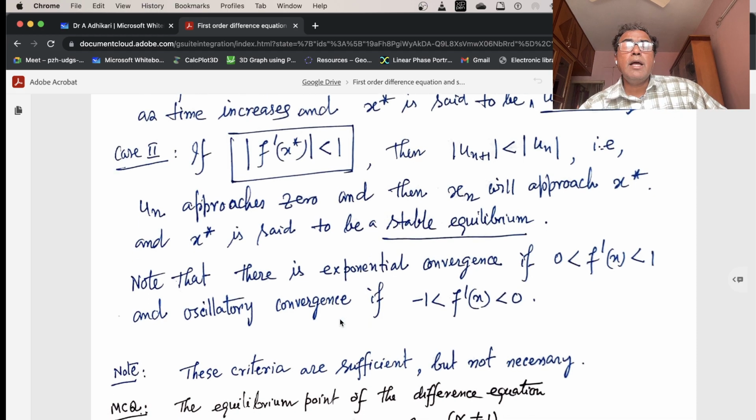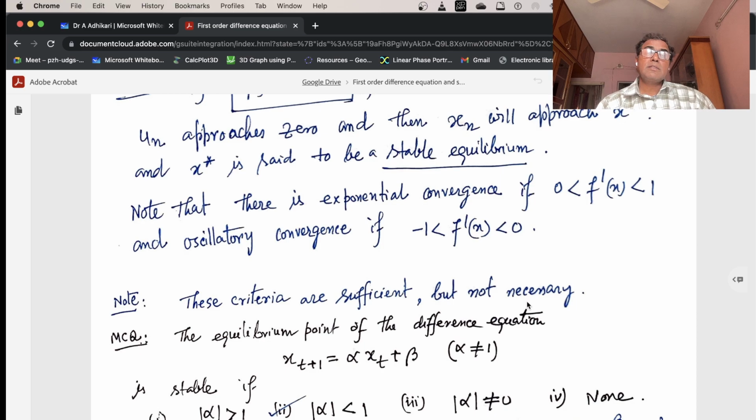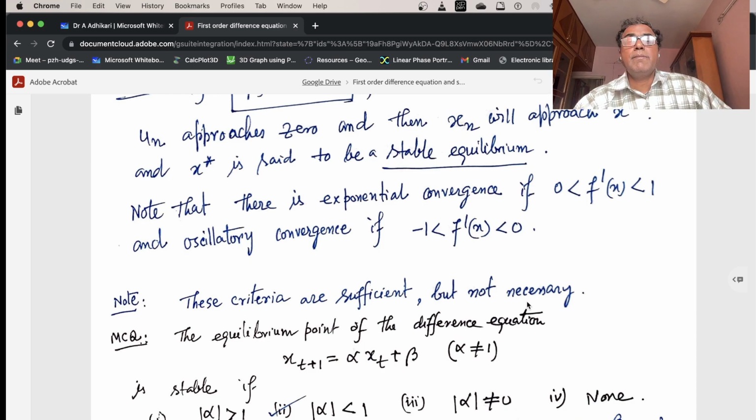Note that there is exponential convergence if 0 is less than f dash x star less than 1, and oscillatory convergence if minus 1 is less than f dash x star less than 0. These criteria are sufficient but not necessary.